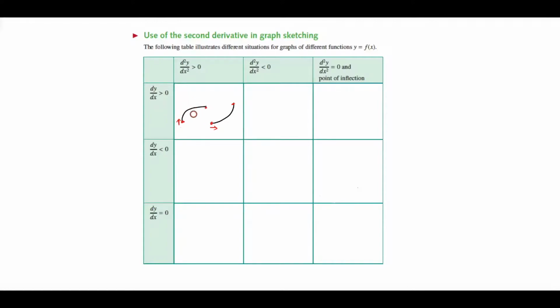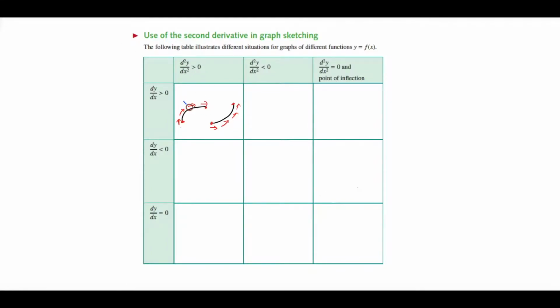So let's look at the first graph. Very steep, less steep. So the rate of change of the gradient is actually decreasing. The gradient is becoming smaller and smaller. But in this part right here, the gradient is becoming bigger and bigger. And because d²y/dx² is bigger than 0, that means we want the gradient to become steeper. The change in gradient has to be greater and greater. That means we want this part right here.